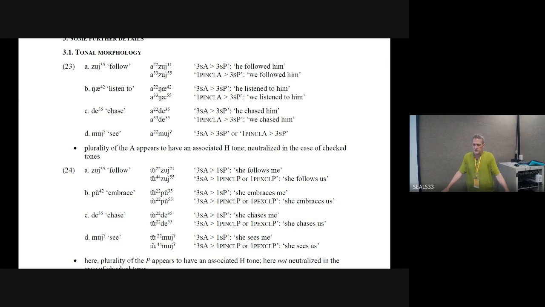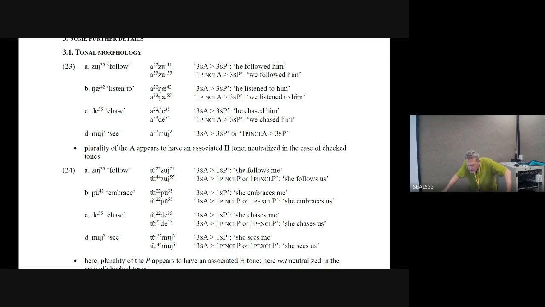And if you look at the resulting tones from putting on an a prefix, which either corresponds to third singular A or corresponds to first plural inclusive, in the case of the first plural inclusive A's, you end up with a high level tone on the verb stem throughout. And there's also an effect in, let's see, a couple of these.